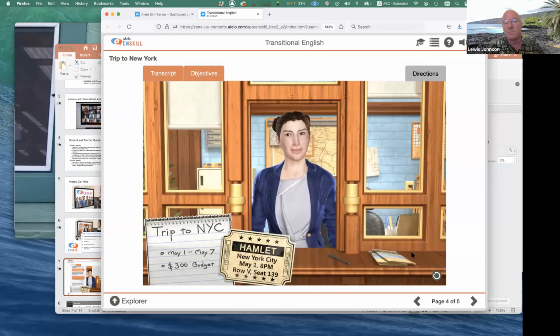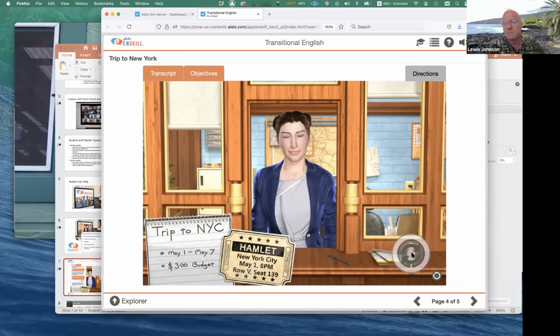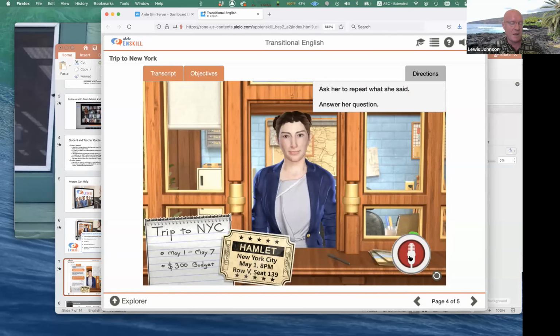Okay, a one-way ticket in first class is $175, and a coach ticket is $100. Would you like a first class or coach ticket? I'm on a budget, so you better give me a coach ticket, please. Okay, do you need a second ticket to return? Not right now, thanks.